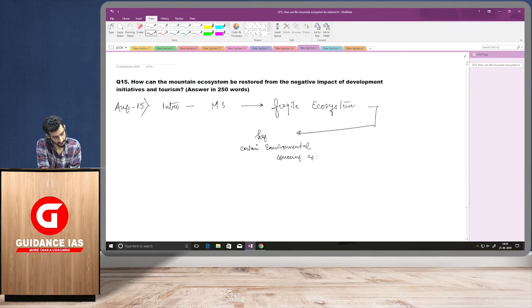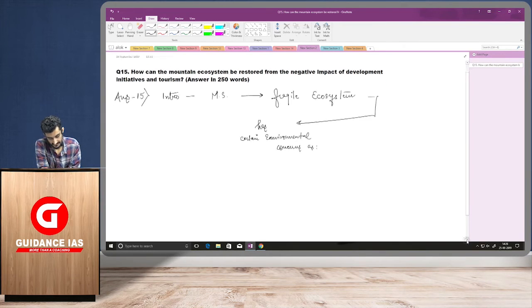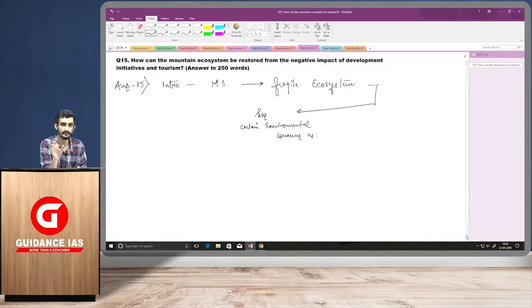Now you can give the various issues which are prevalent in the mountain areas. So you can write the issues in the first part of your answer so that those issues can be addressed in the ways to restore the negative impact in the mountain ecosystem. But at the same time you need to give a map on which the various mountain ecosystems can be shown.